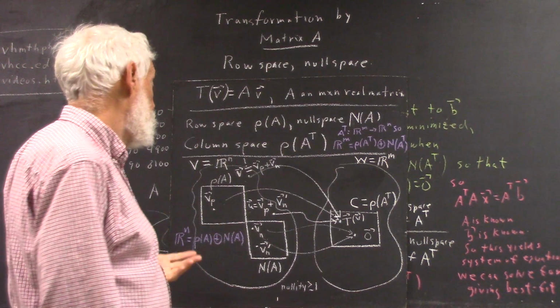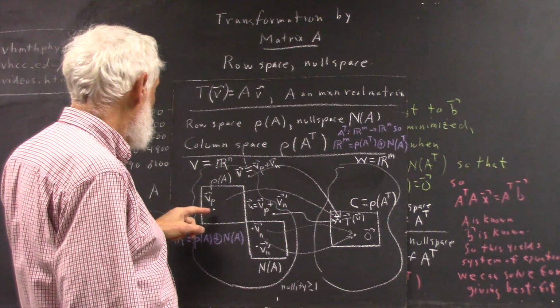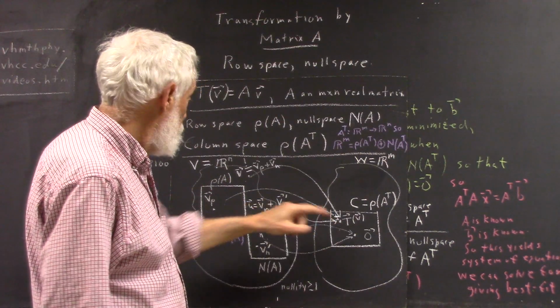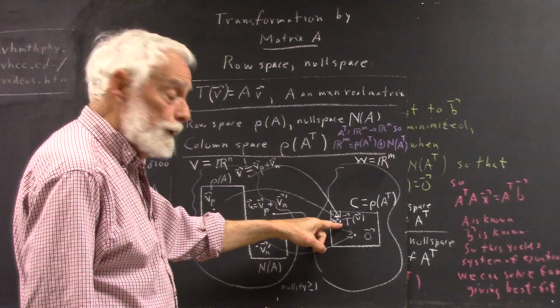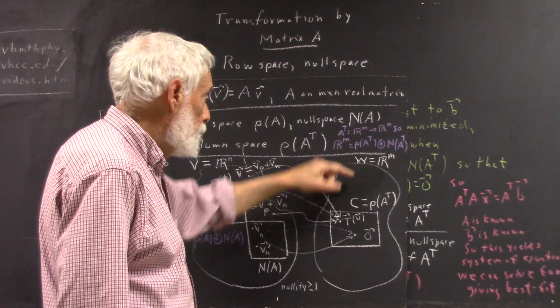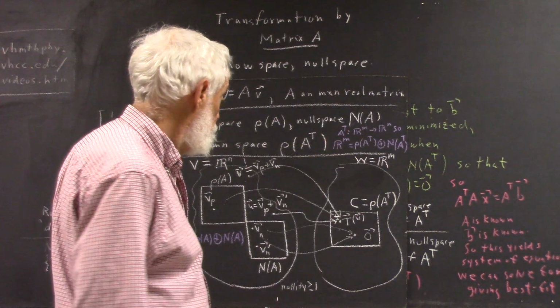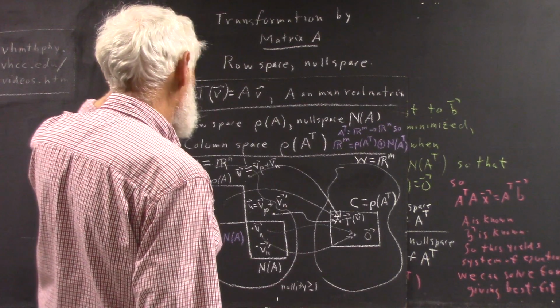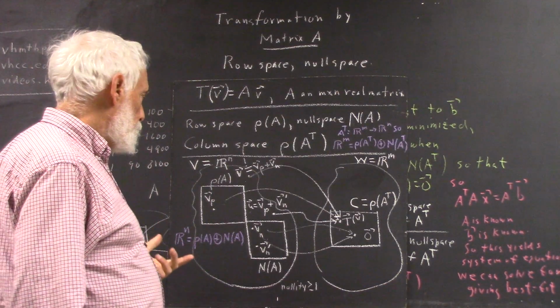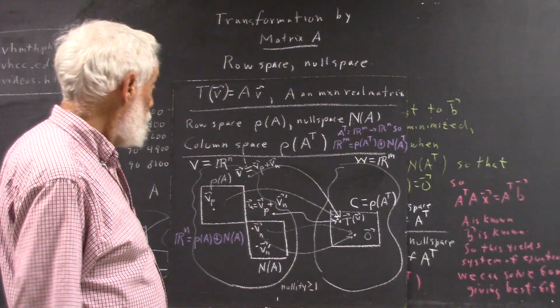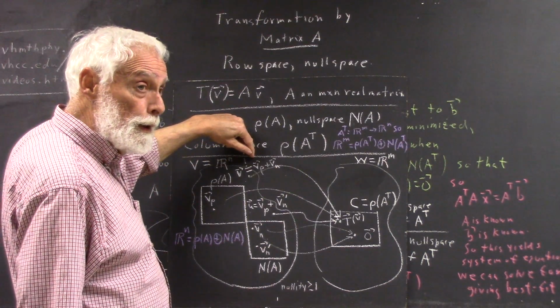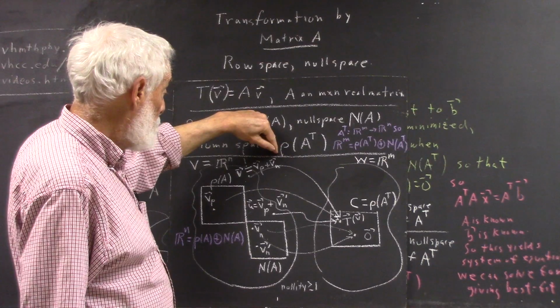But all three of these vectors, v_row itself, v, and U, all map to the same vector in Rm. And the reason for that is very simple. If we apply the transformation to v_row plus v_n, the transformation is linear, so we get T of v_row plus T of v_n.